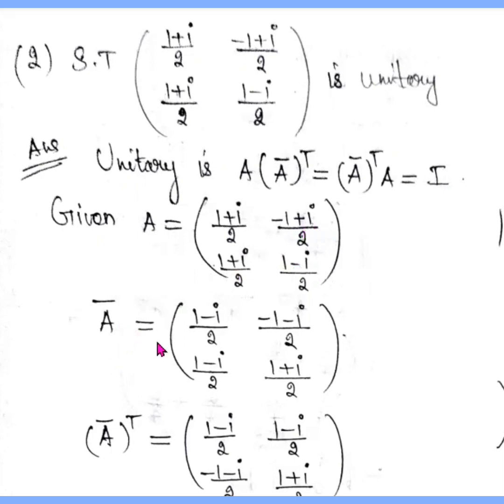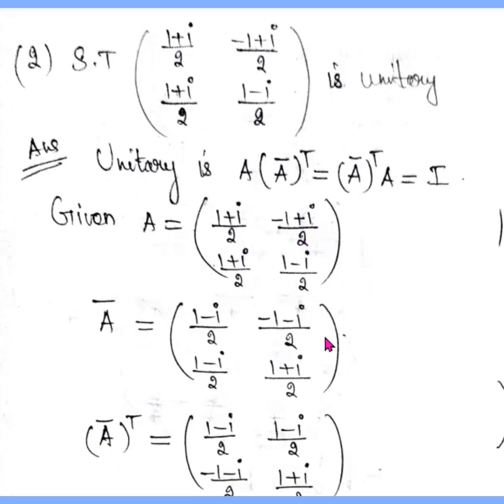So wherever 1 plus i is there, you write 1 minus i. In A bar, the second row first element is (1 minus i)/2, and the last element, which is (1 minus i)/2 in A, becomes (1 plus i)/2 in A bar.